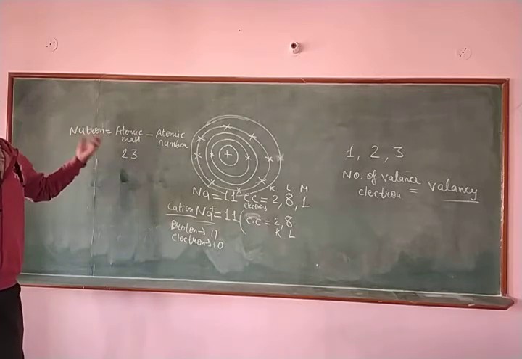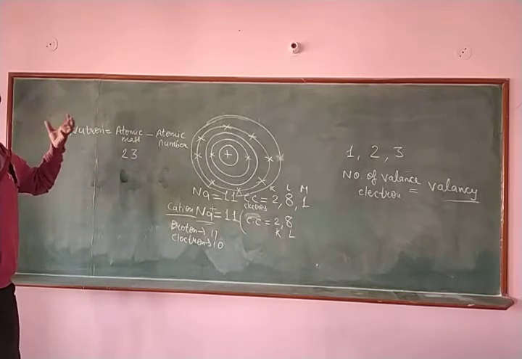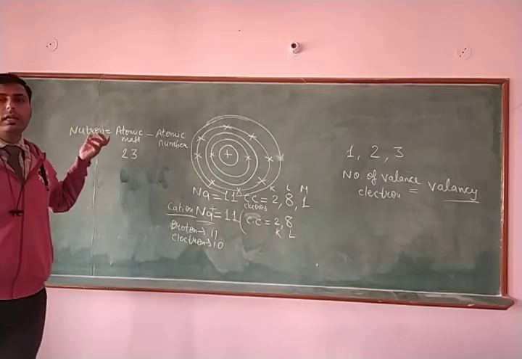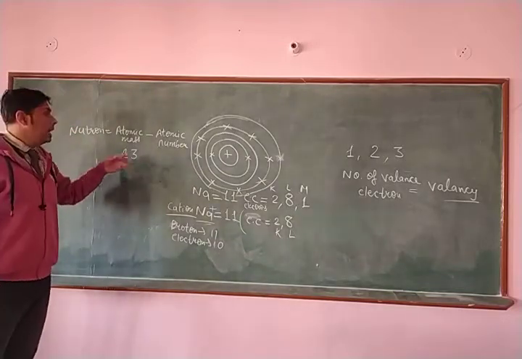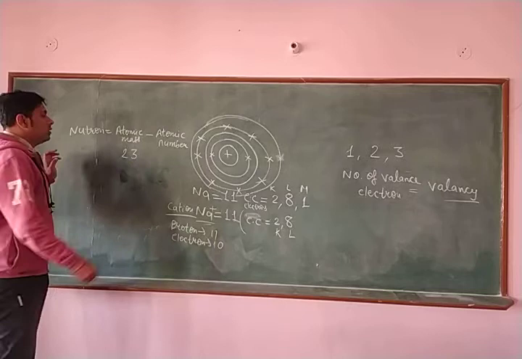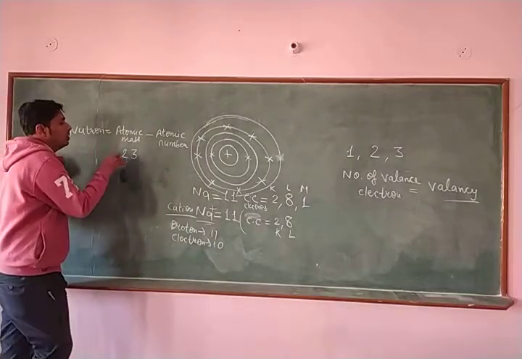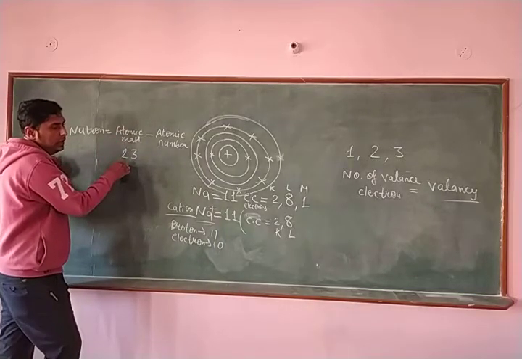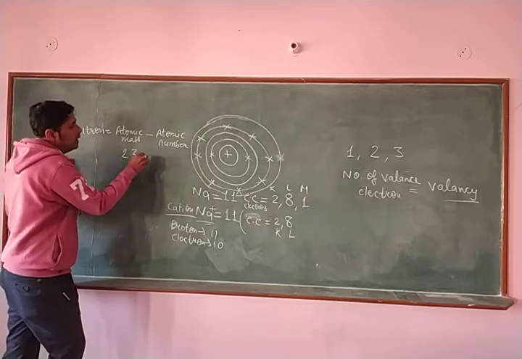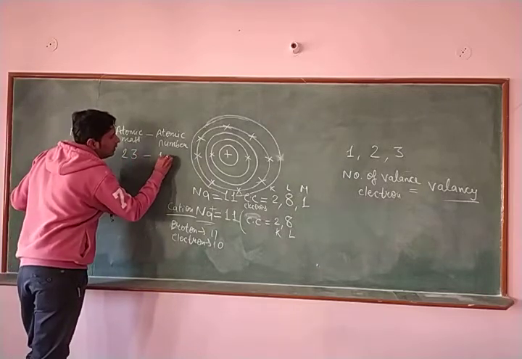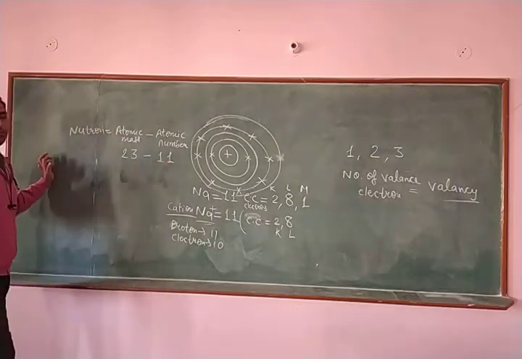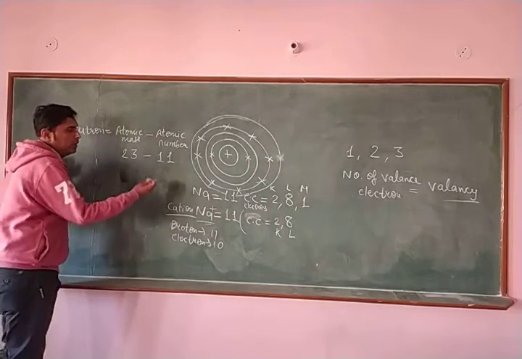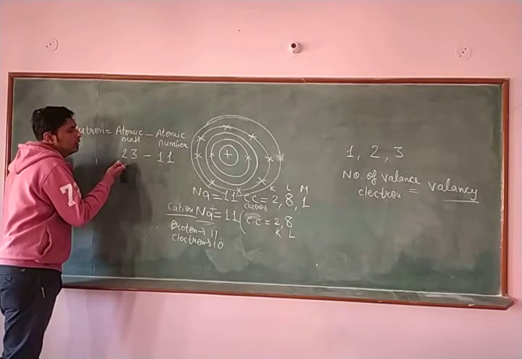If in case you don't remember the mass, still he will provide you the mass and the atomic number. So the mass of one atom of sodium is 23, minus the number of protons or atomic number. Atomic number is 11, 23 is the atomic mass.